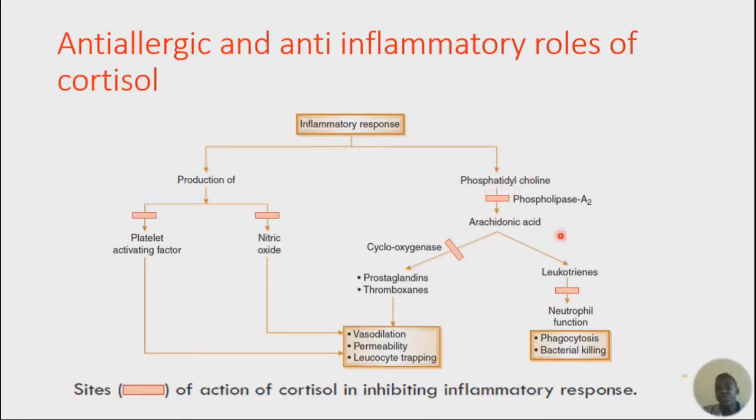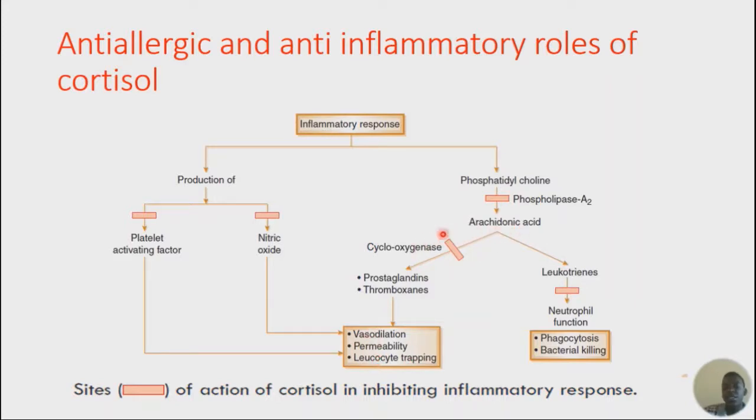So we cleave off and form arachidonic acid. Cortisol inhibits this enzyme, so there is no formation of arachidonic acid. It will inhibit formation of dilators and of platelet activating factor. So there will not be vasodilation, permeability will reduce, and even leukocyte trapping is affected.